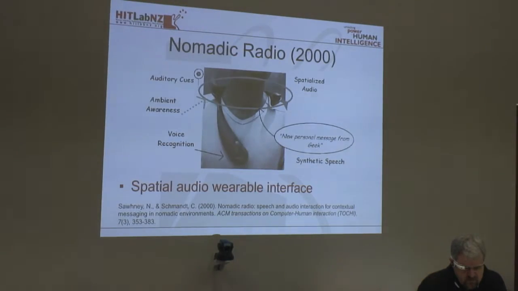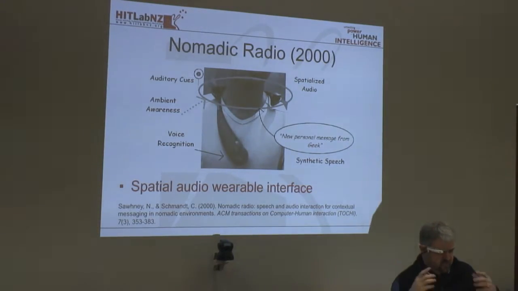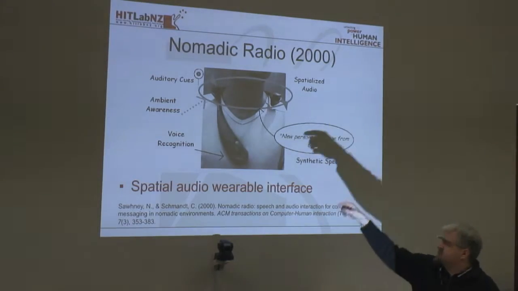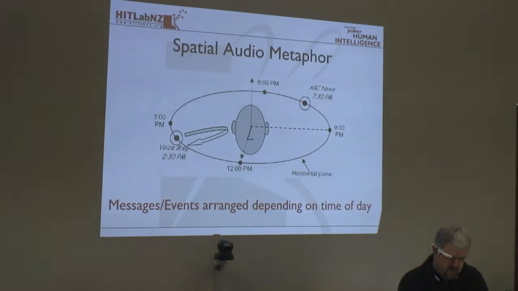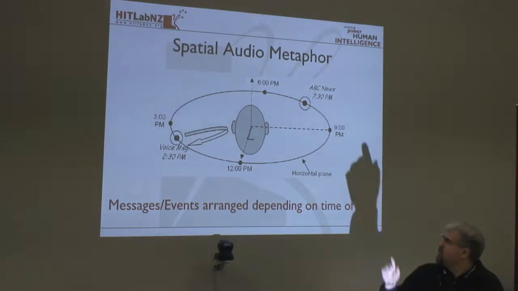You can also use other metaphors to help with that. One of the interesting examples done a few years ago was a project called Nomadic Radio, where they built an interface that had no visual display, but used audio. They took speakers you mounted on your shoulders and built a spatial audio metaphor. They had this surround metaphor, and you would hear audio notifications appearing around you depending on what time you got them.